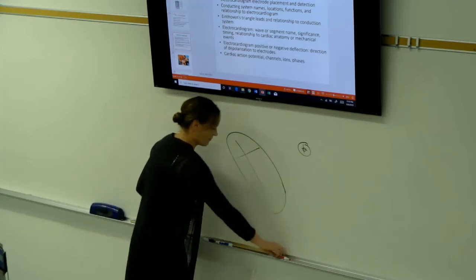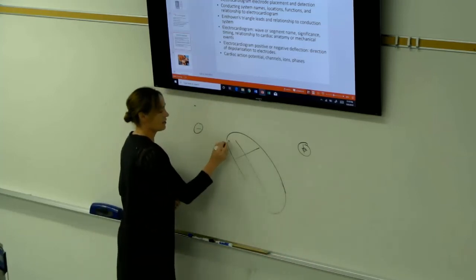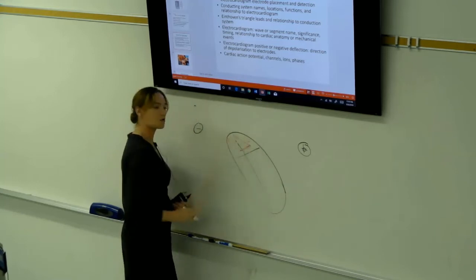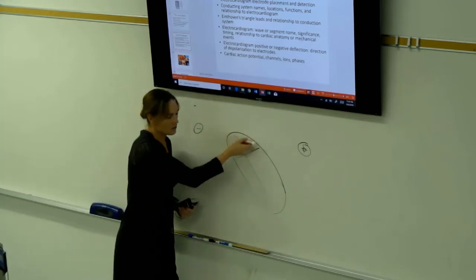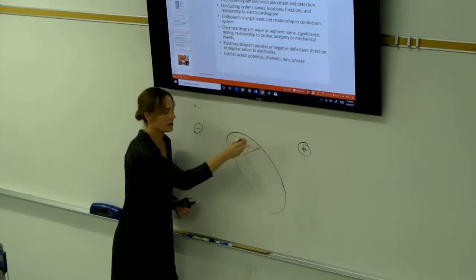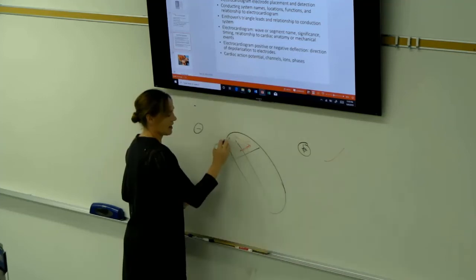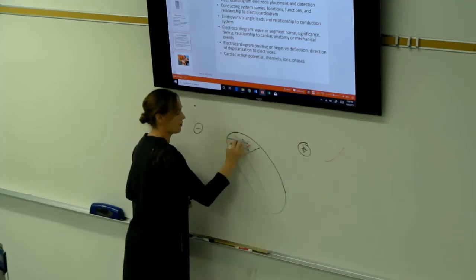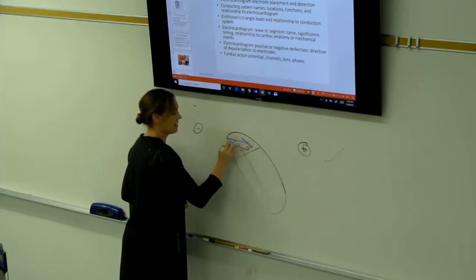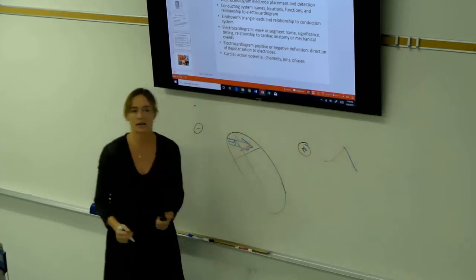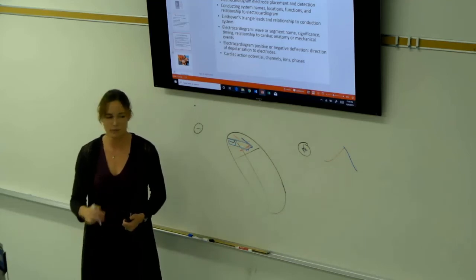If, in this case, the sinoatrial node, you have depolarization across the heart in this direction, it's going towards a positive electrode, so you're going to record it as a positive blip. If you were to have a repolarizing, which is a negative wave going to a positive electrode, you would have it as a negative deflection on the chart paper.